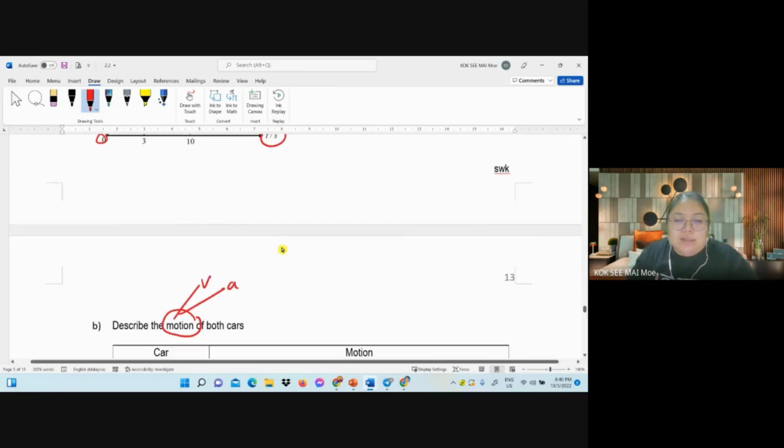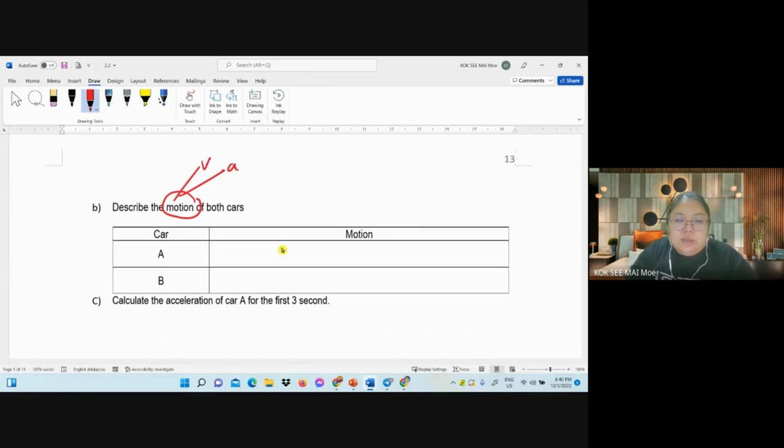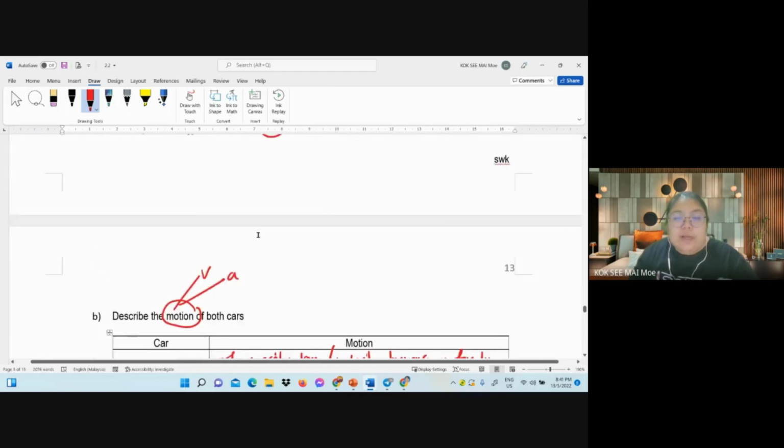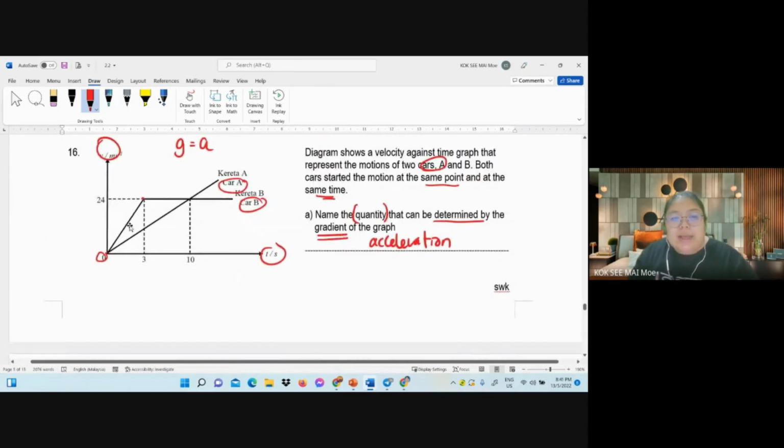So from here, the answer you can write is uniform acceleration, or you write velocity increases uniformly. Okay, this is the explanation of the motion for car A. For car B, you need to separate it into two parts.